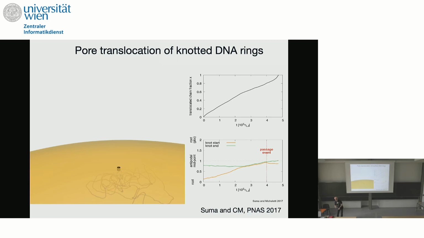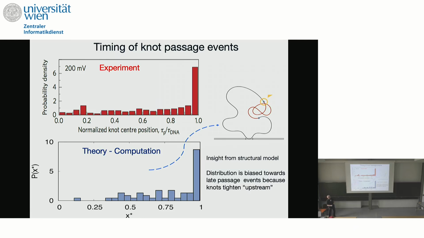By the time it translocates, the knot has tightened, and so we can explain this bias towards late translocation stages of DNA, which you can reproduce in simulation, due to the fact that as you translocate the chain, the knot tightens and typically tightens upstream because it has to be reached by the propagating tension. Okay, so that explains the bias. What you measure is not the properties of the knot undisturbed.